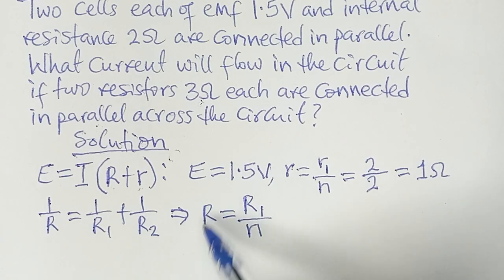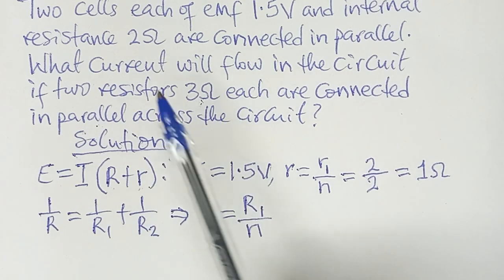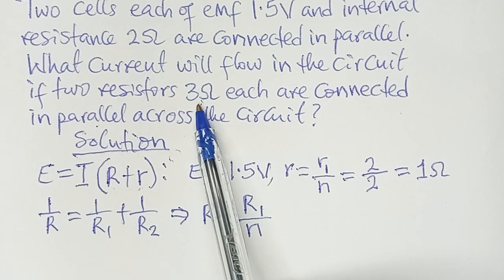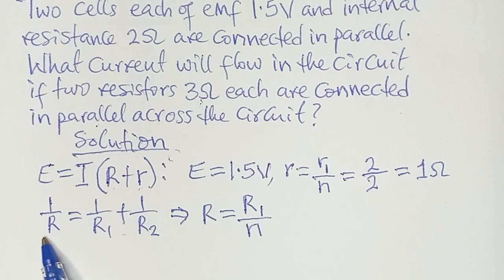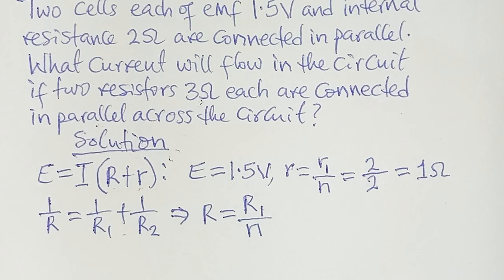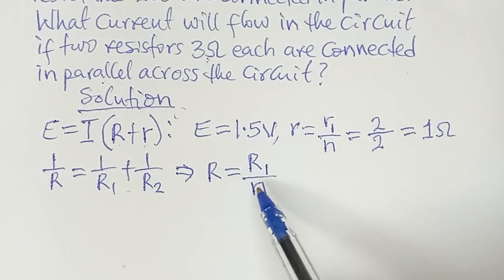You only use this formula when the external resistors are equal. You can see here that they are equal, each one is 3 ohm. But when they are not equal, please use the earlier formula to get the effective external resistance.